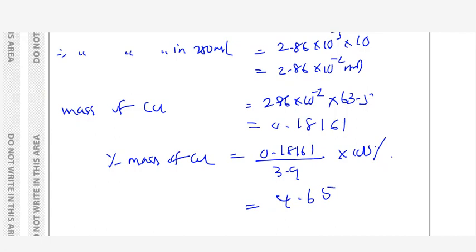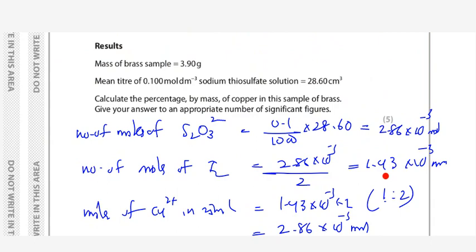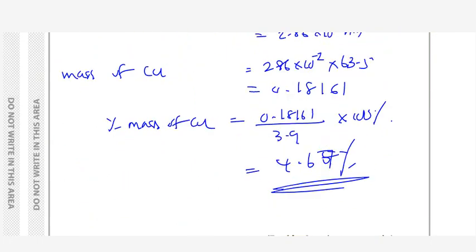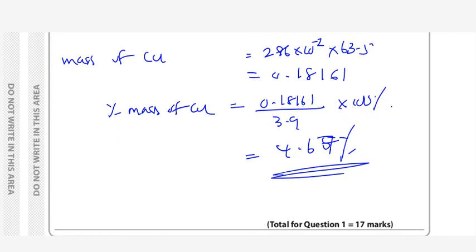Now specify the appropriate number of significant figures. So whenever it says appropriate number of significant figures, we should give the answer to at least 3 significant figures. Clear?